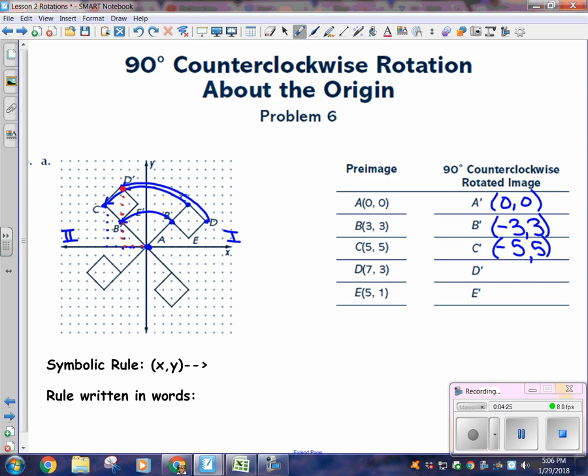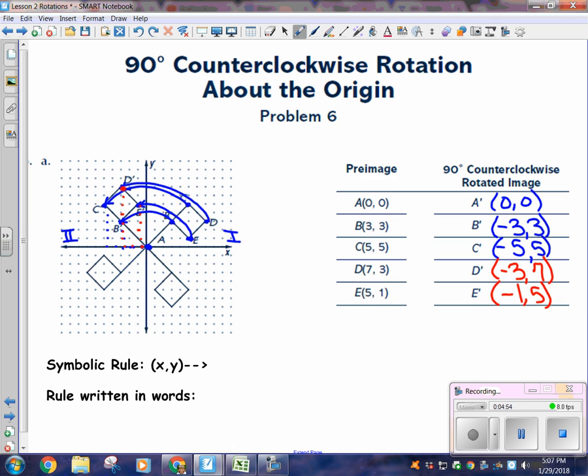Left 3, so -3, and up 7, +7. Okay, E, coming from here, rotating all the way to that other corner of the flag. Looks like I'm only going to go back 1 unit and up 5 units.